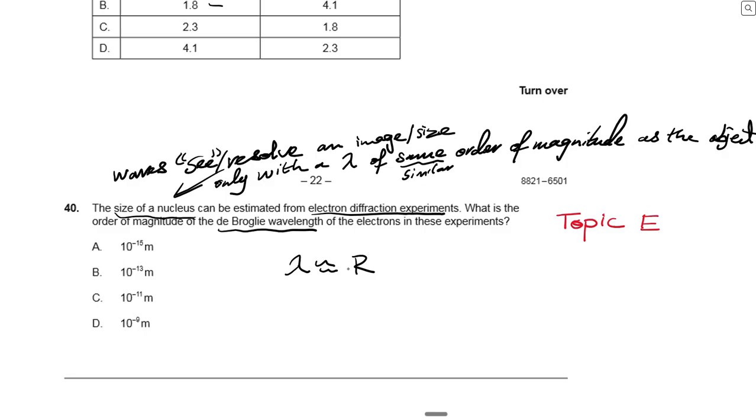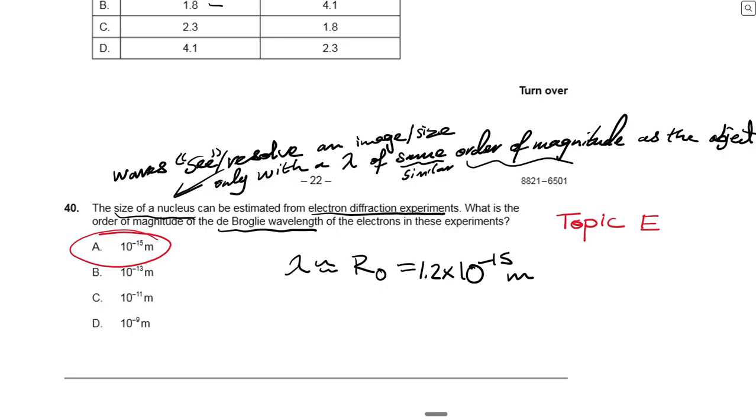We can use our equation for the Fermi radius, which is approximately 1.2 times 10 to the negative 15 meters, around the order of magnitude of the radius of the nucleus. So our answer is A, and that's something we just have to remember.